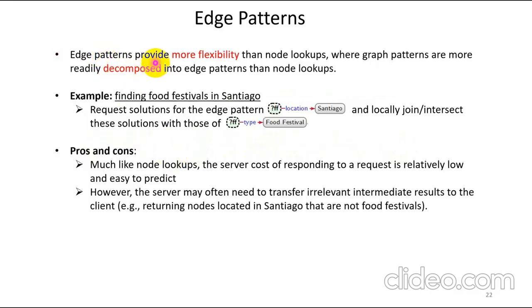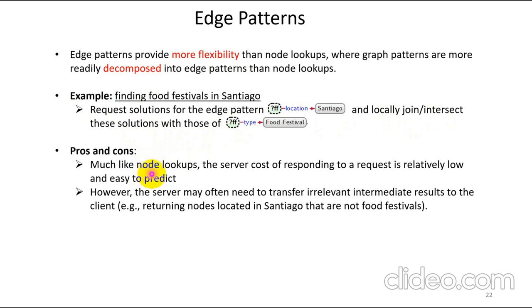Edge patterns provide more flexibility than node lookups, where graph patterns are more readily decomposed into edge patterns than node lookups. For example, with respect to the agent interested in food festivals in Santiago, they can first request solutions for the edge pattern like this and locally join those solutions with those of the pattern like this.